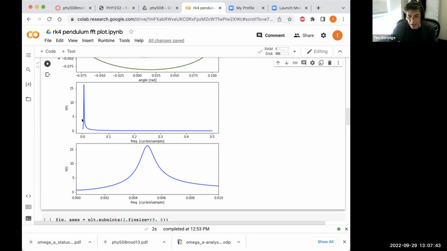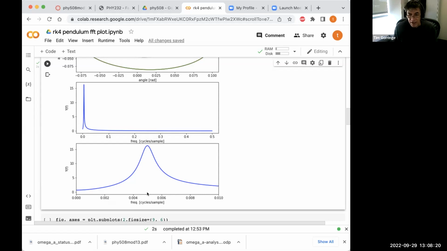You'll notice that our damped-driven pendulum has a natural frequency that's way over here on the far left. So I've expanded that region in the lower plot so that I can see the frequency of the pendulum. And this frequency here, if you look at it, is about 0.005 cycles per sample. That means that it would take 200 samples to complete one period.